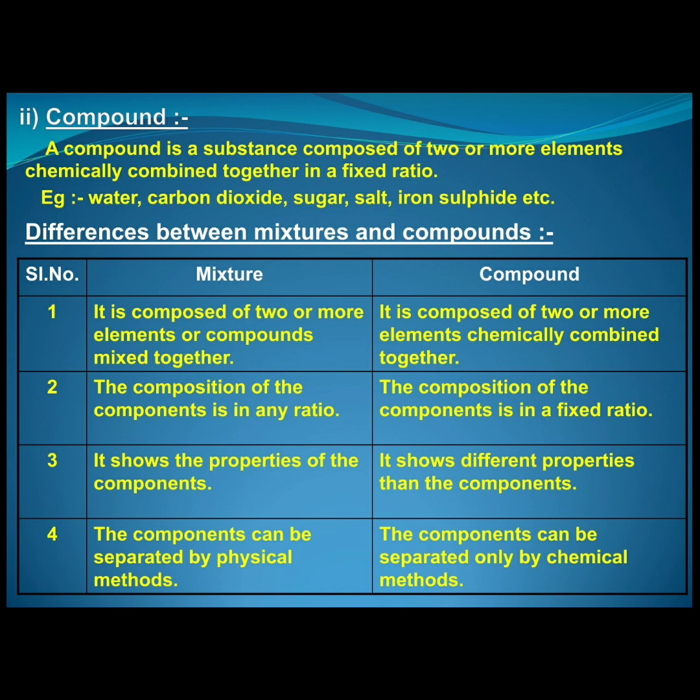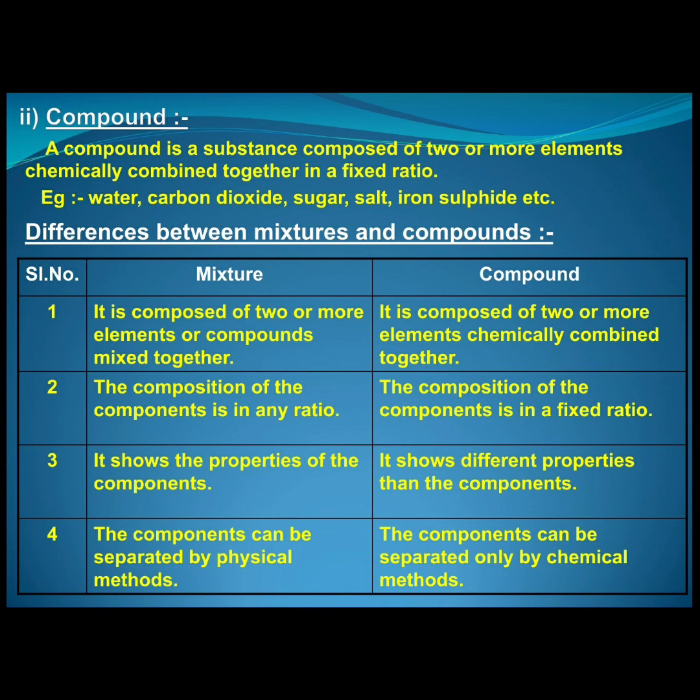And if you are taking it from the sea, then again it is having the same composition, that is 2 atoms of hydrogen and 1 atom of oxygen. So mixture does not have a fixed composition, whereas compound has a fixed composition.